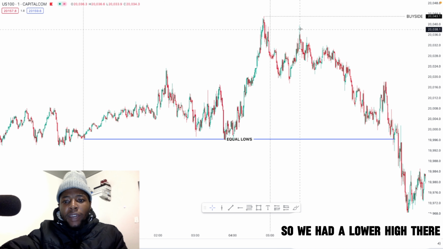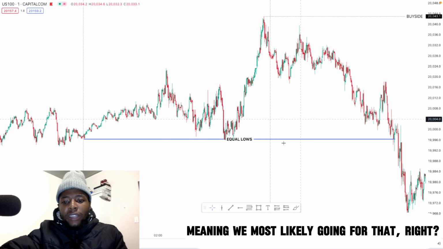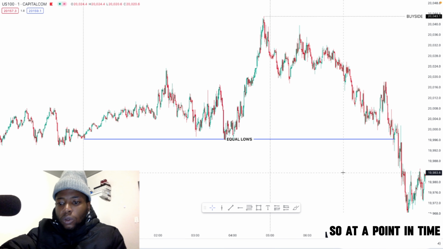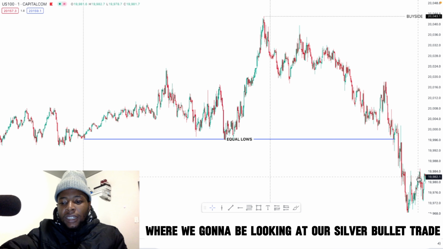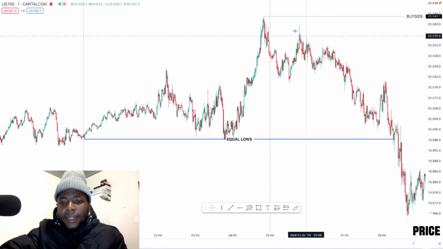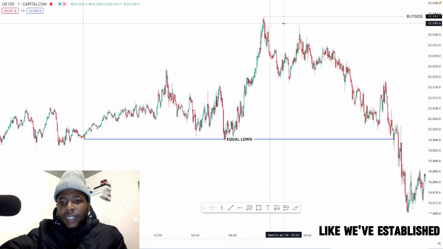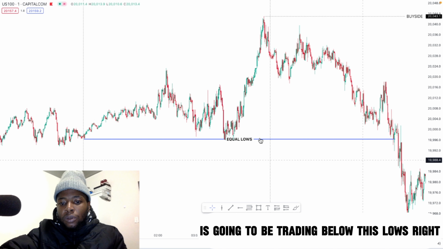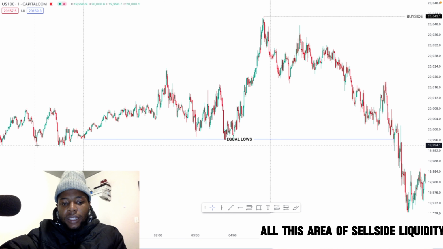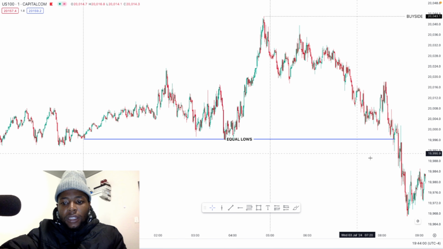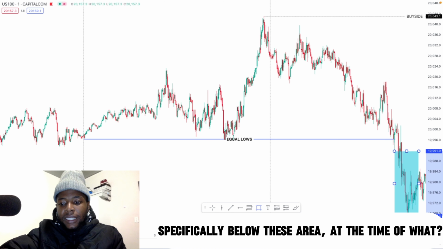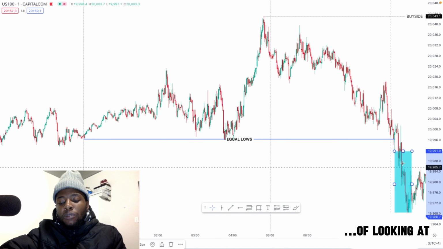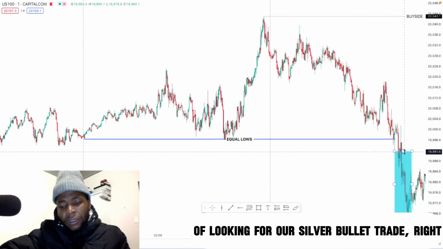So we had a lower high there, meaning we're most likely going for that, right? So at a point in time where we're going to be looking at our silver bullet trade, right? Price, like we've established, is going to be trading below these lows, right? All this area of sell side liquidity, we're going to be trading below that, right? Specifically below these areas at the time of looking for our silver bullet trade, right?